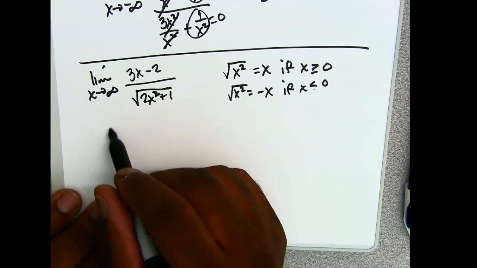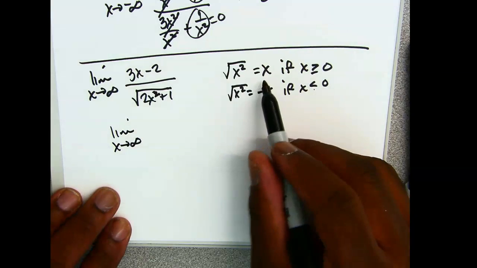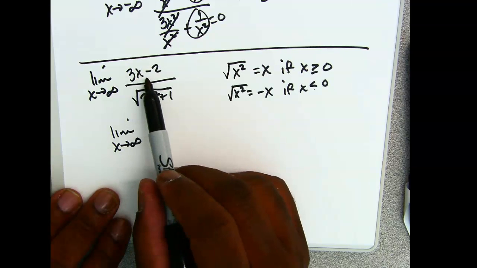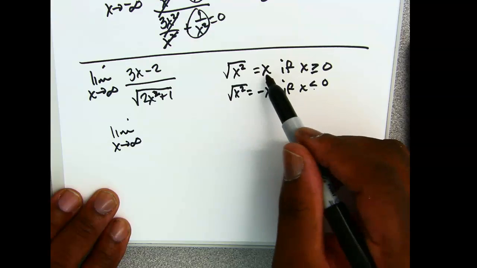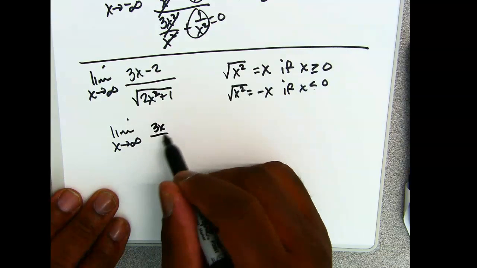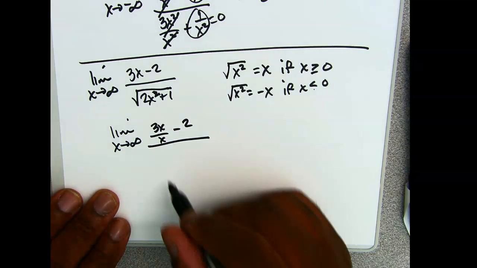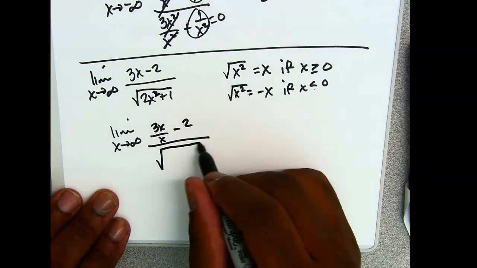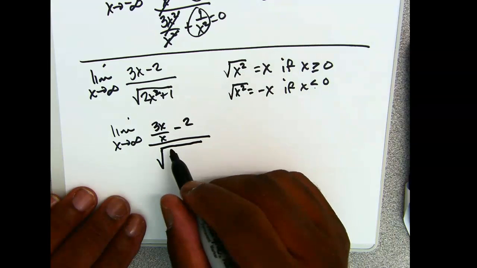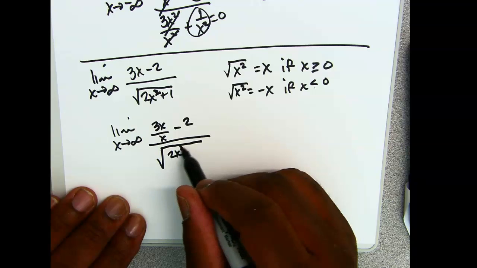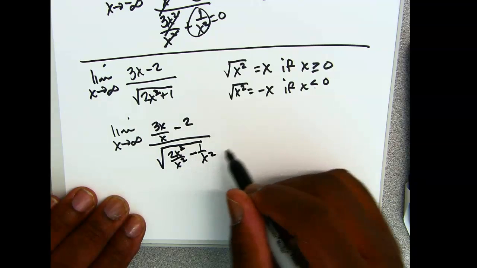So this becomes the limit as x goes to infinity. Now, the numerator, 3x minus 2, I'm going to use the form of square root of x squared, that's x. So that'll be 3x over x minus 2. And our denominator, I'm using the square root of x squared. So here that's 2x squared over x squared minus 1 over x squared.